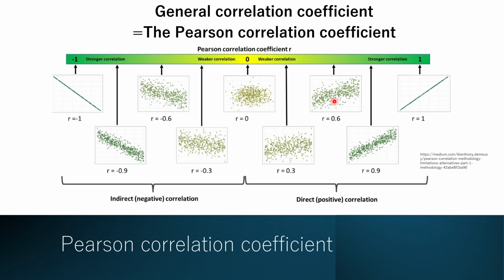In the positive case, the right side is upper. In the negative case, the right side is lower. And if r equals 0, the points are scattered, the shape is like a circle, with no direction.